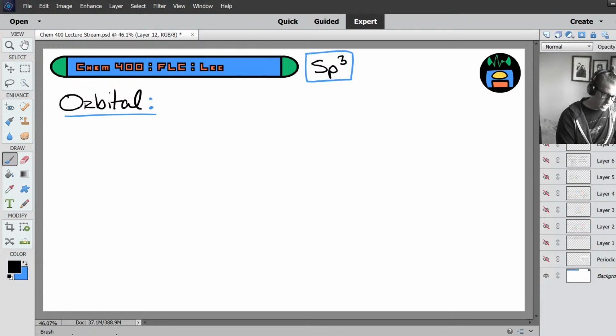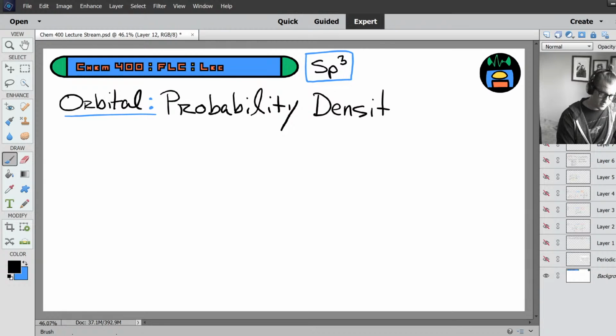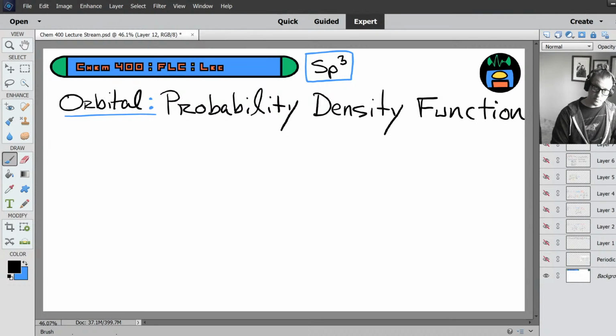An orbital is something called a probability density function. These are called PDFs, but not the Adobe kind. It's a solution to a calculation of the probability of finding the electron.